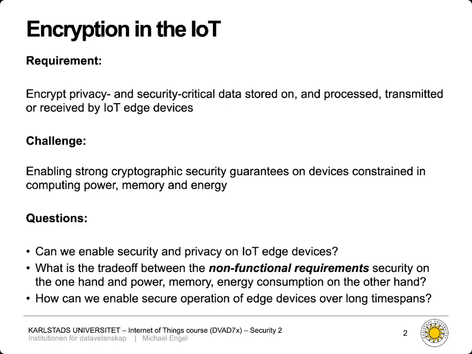It might be passwords that are used to access a private wireless network over which the IoT devices communicate, and so on. So what we want is to encrypt this privacy and security data on devices, as long as data is stored on the device, but also while it is processed, transmitted, or received by IoT devices.